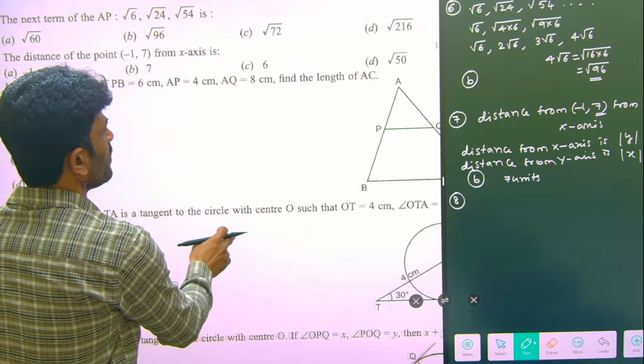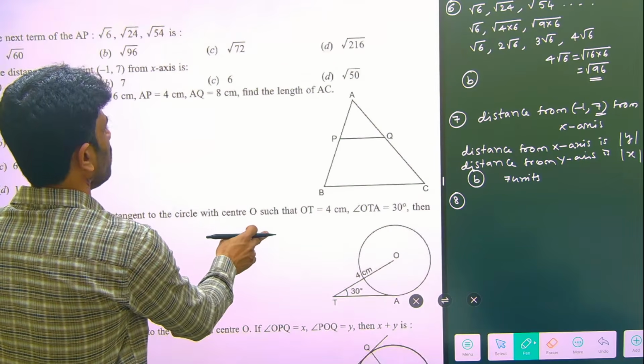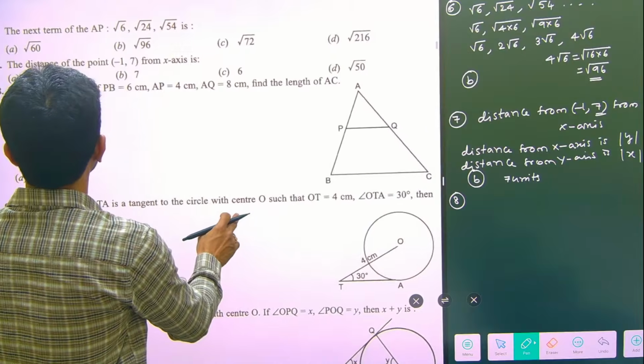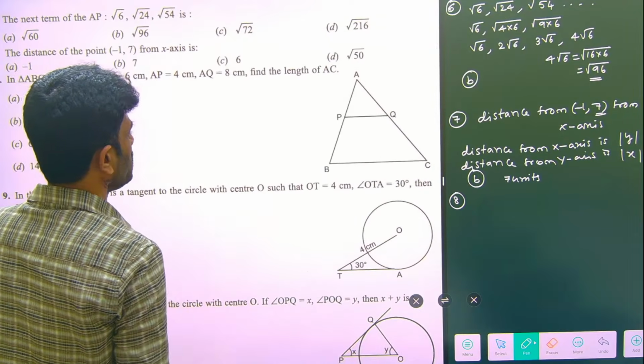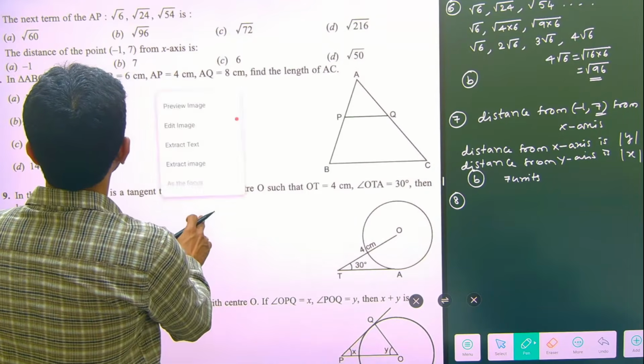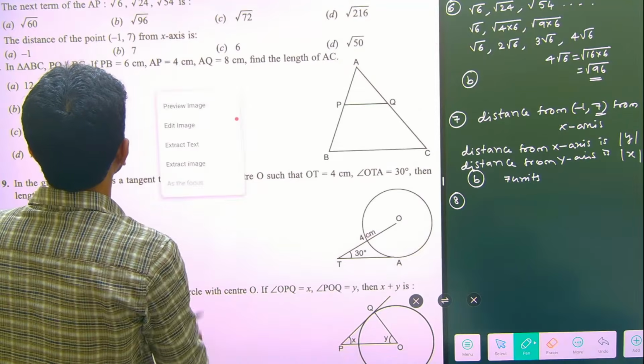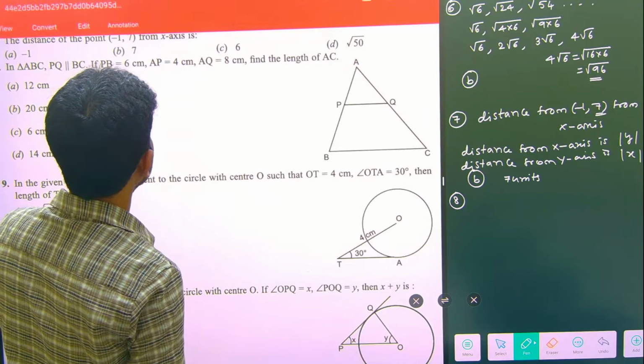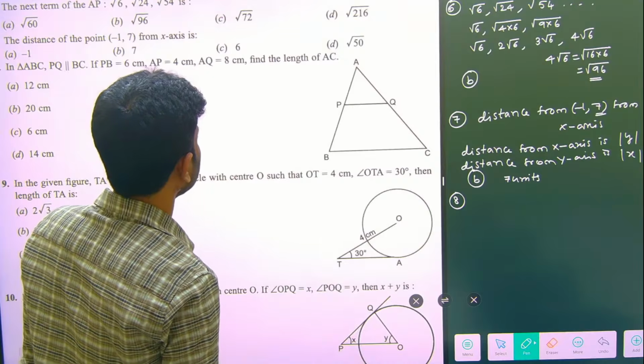Question number 8, we want the figure properly. So this is the figure. Check it. PQ is given parallel to BC. PB is given, AP is given, AQ is given. You have to find AC.